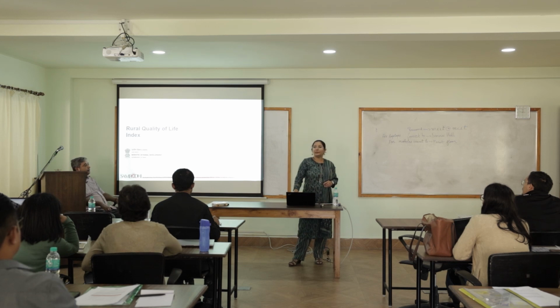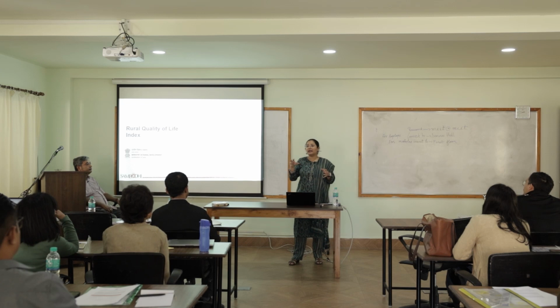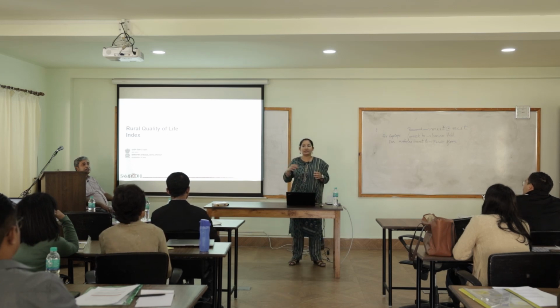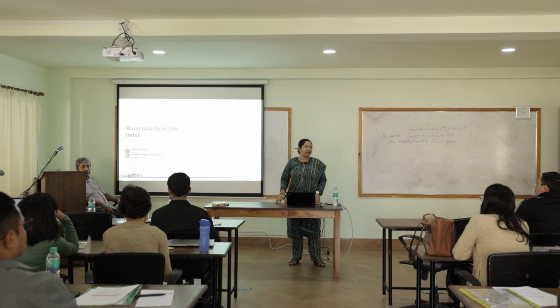download departmental data. For example, if we had consulted UDISE for the education related indicators in the Rural Quality of Life Index, maybe Meghalaya has its own data repository. Does the education department in Meghalaya have a website? Is there data on the website?